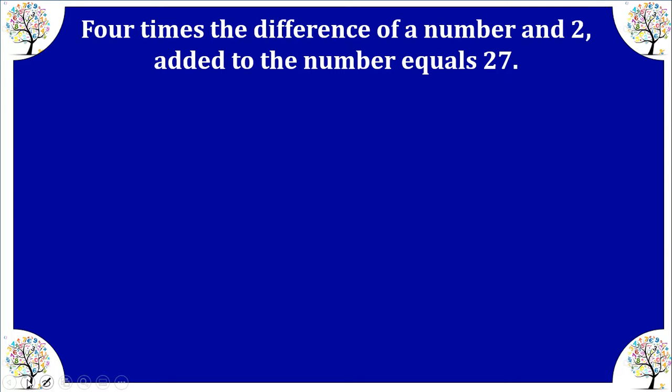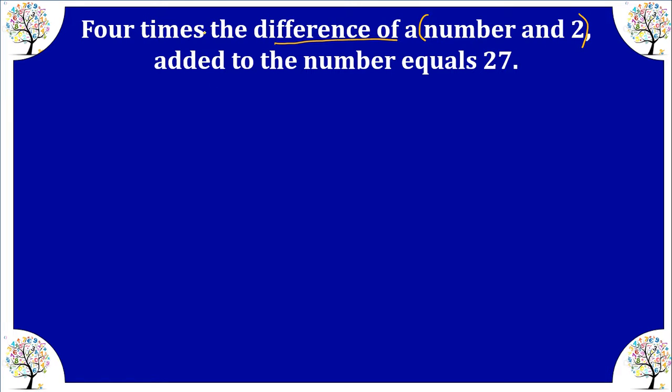Here we have: 4 times the difference of a number and 2 added to the number equals 27. That was pretty wordy. So when we see difference of or sum of, what comes immediately after needs to be in parentheses.